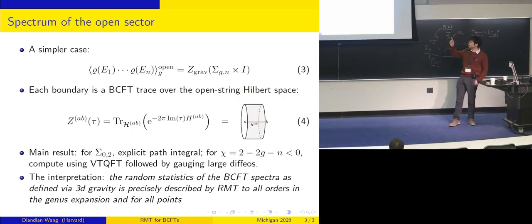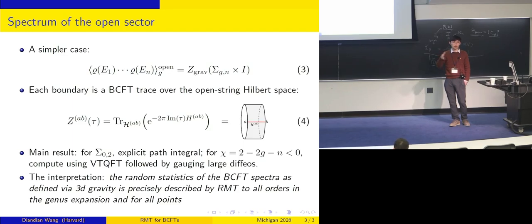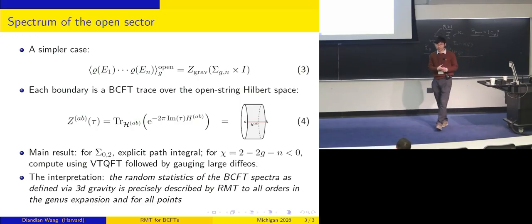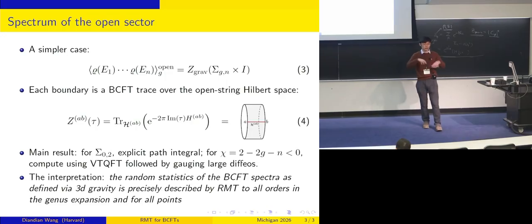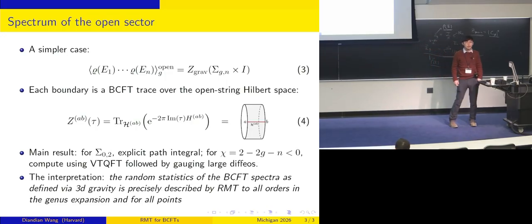To answer your question, the left-hand side is defined to be the genus G contribution to the matrix model in a large n expansion. So it's not a bulk computation. The right-hand side is a bulk expression. The left-hand side is the large n expression from the matrix model. And G, you don't have to call it genus, is defined to be the smallest genus of the 2D surface where you can put this diagrammatics on without self-crossing for these matrices.